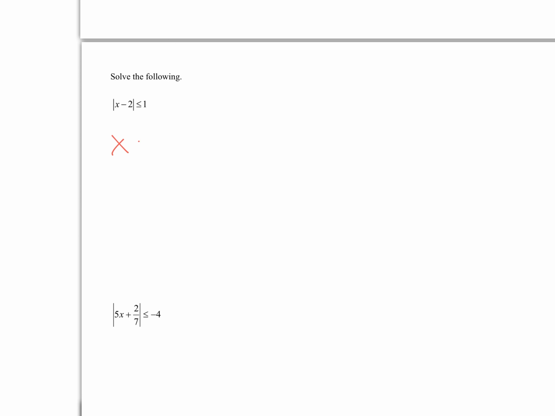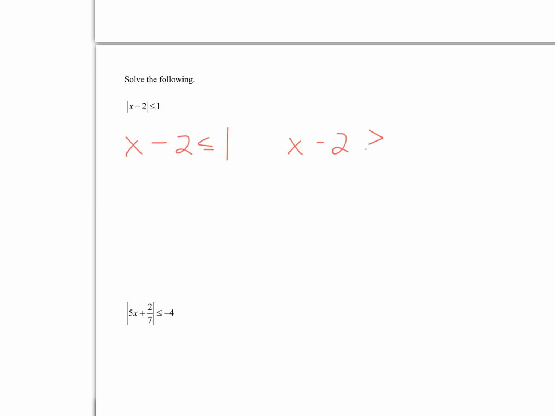We know that one solution comes from when x minus 2 is less than 1. We know that the other solution comes from when x minus 2 is greater than -1. That's how we form our 2 inequalities.